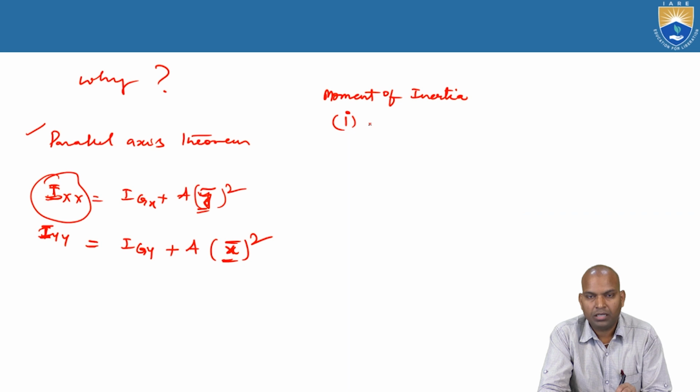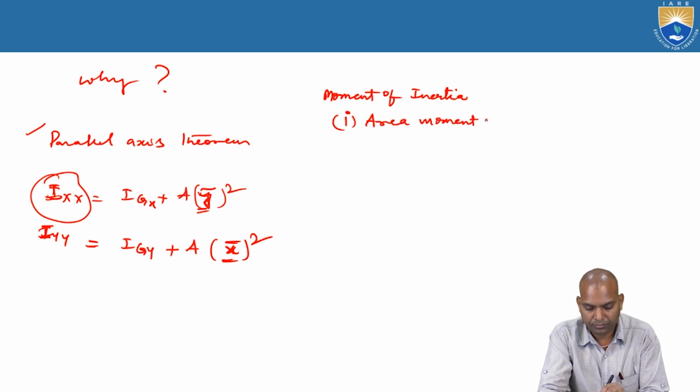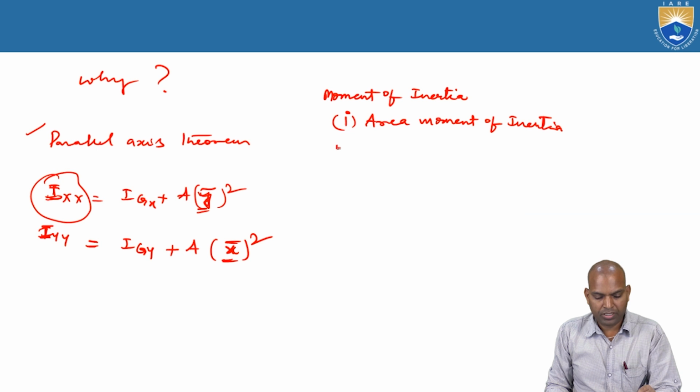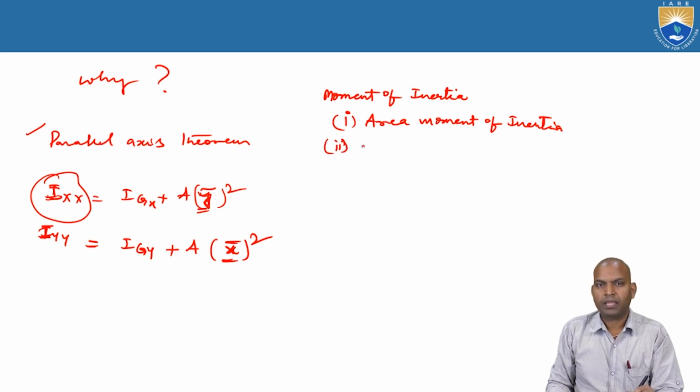Number one, area moment of inertia. And number two, mass moment of inertia.